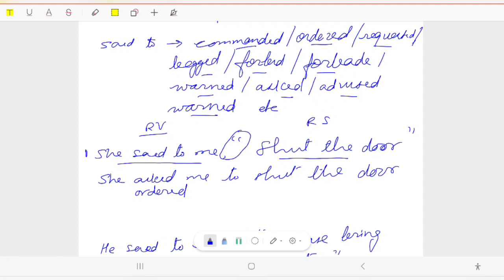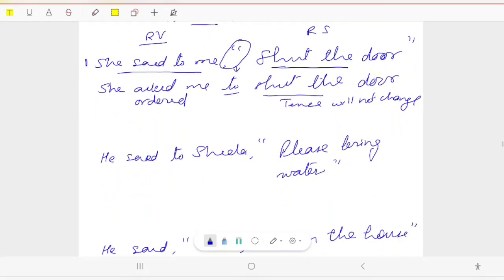Remove comma and inverted commas. Till now we were joining with that or if, whether, or a WH word. But an imperative sentence will be joined with to. So she asked me to, and then shut the door. Tense will not be changed here. In an imperative sentence, the tense of RS will not change. So she asked me, or she ordered me, to shut the door.